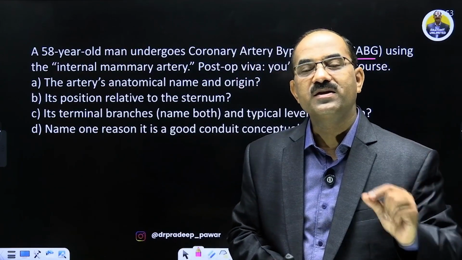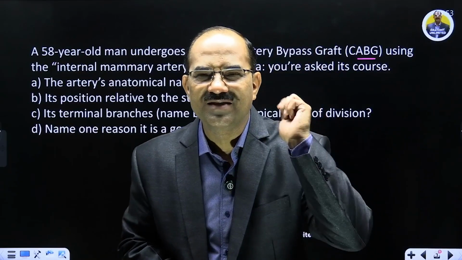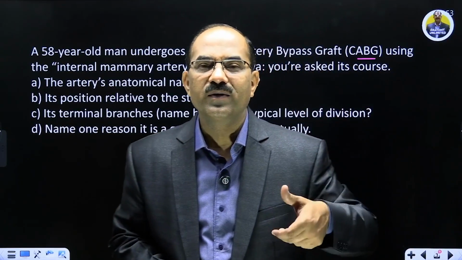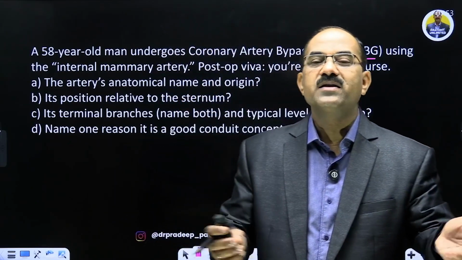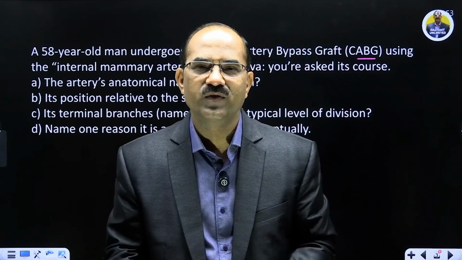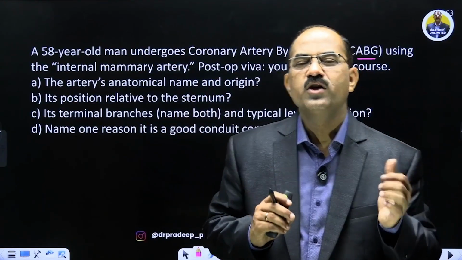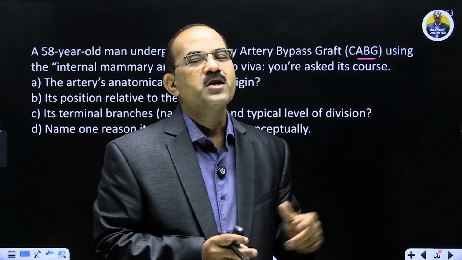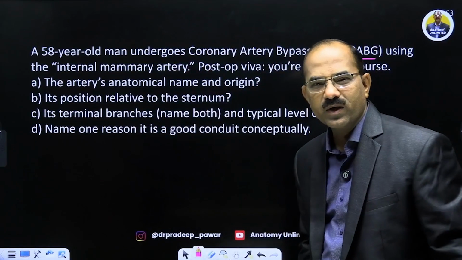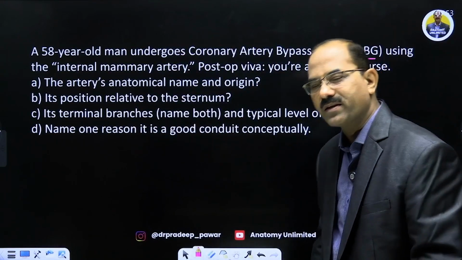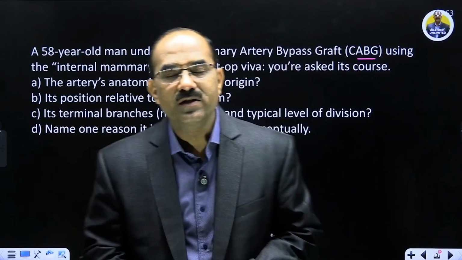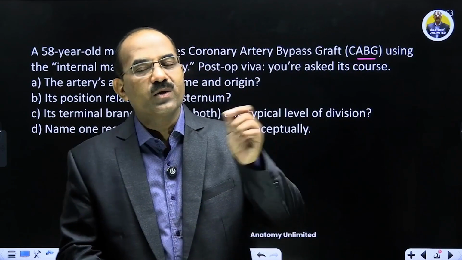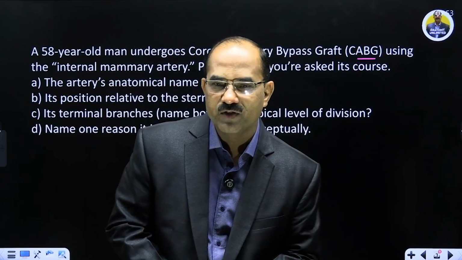Now the person is advised to go for a bypass surgery. In the bypass surgery, that diseased artery is replaced by a graft. So this person is undergoing a coronary artery bypass graft using the internal mammary artery, which is generally selected for this procedure.